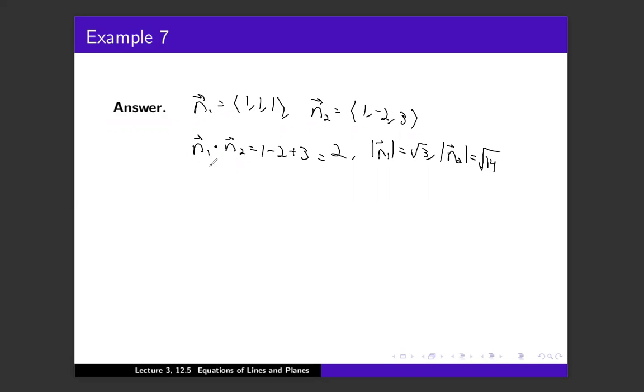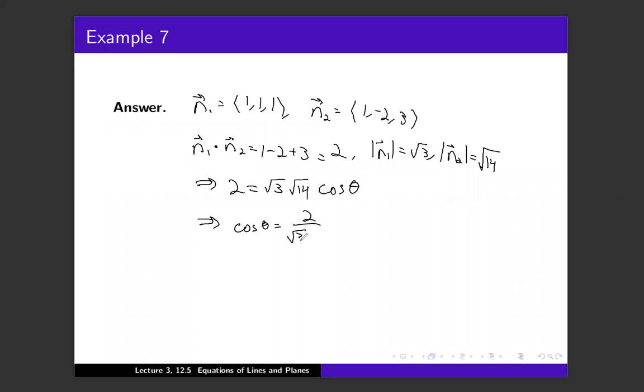The upshot of this is that we've got 2 is equal to root 3 times root 14 cosine theta. So cosine theta is just arithmetic at this point.